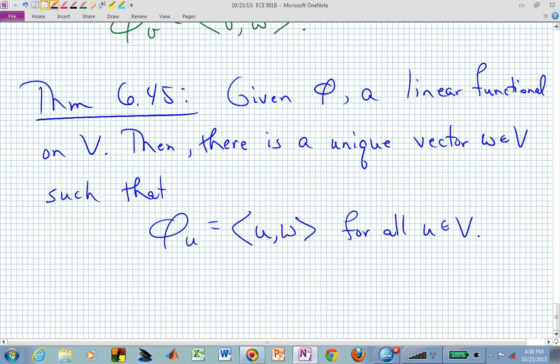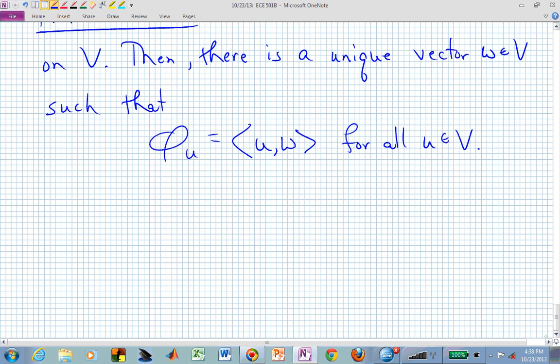We're going to find that through the proof of this theorem, which will give us a proof by construction.